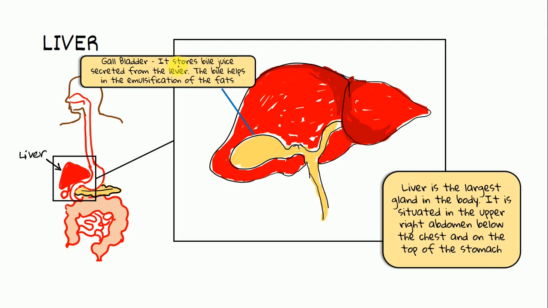Sorry for the spelling error. This will be L-I, liver. The bile helps in the emulsification of fats. Now what do we mean by emulsification? We will look into this right now. The fat molecules are in the form of large globules.